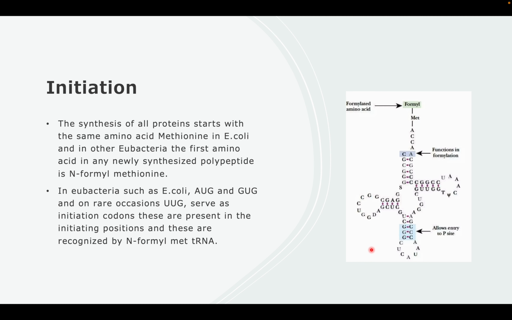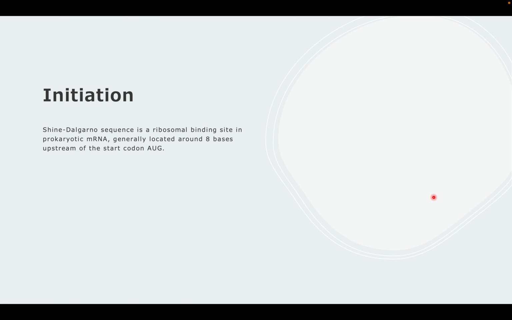Then this is the loop structure of tRNA, and there are three GC pairs which allow entry to the P site. As I have talked about, usually the tRNA comes at the A site, which accepts the tRNA, but during initiation the tRNA directly binds to the peptidyl site, and this GC helps in binding of this formyl tRNA to the P site.